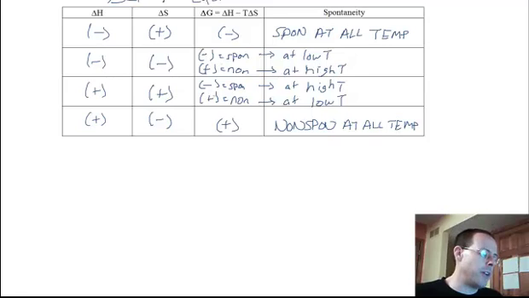If you want to memorize the table, you can. But know that delta G is really temperature dependent, and if our signs are the same, we really have to look at the temperature in order to determine spontaneity, whether it happens without external energy or whether it needs external energy to occur.